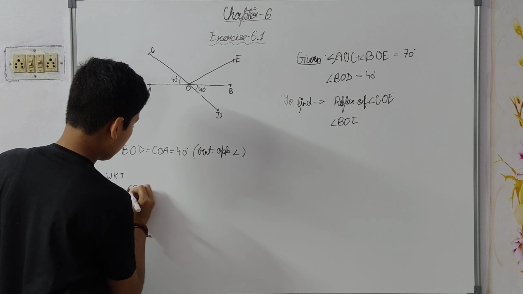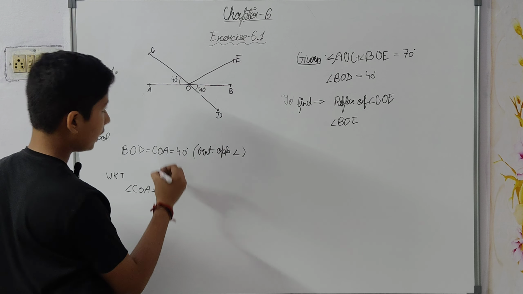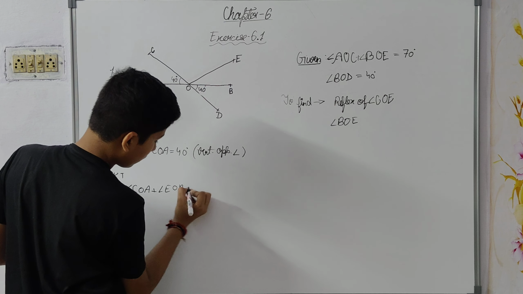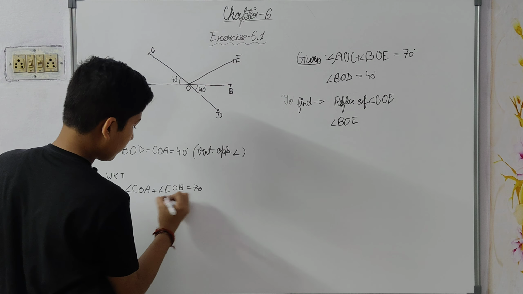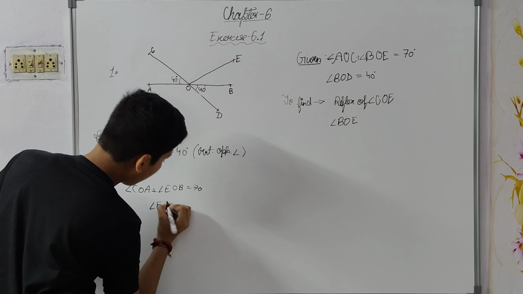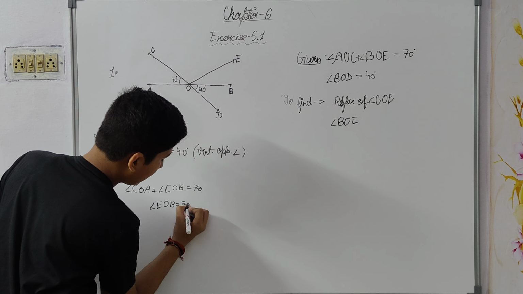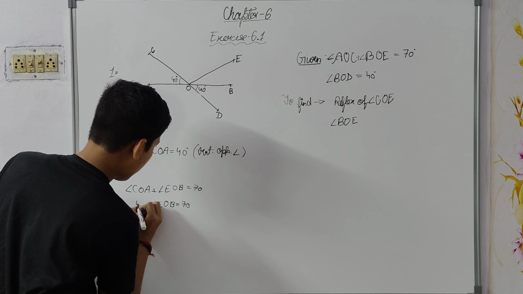Now we know that angle COA plus angle EOB equals 70. So angle EOB equals 70 minus 40.